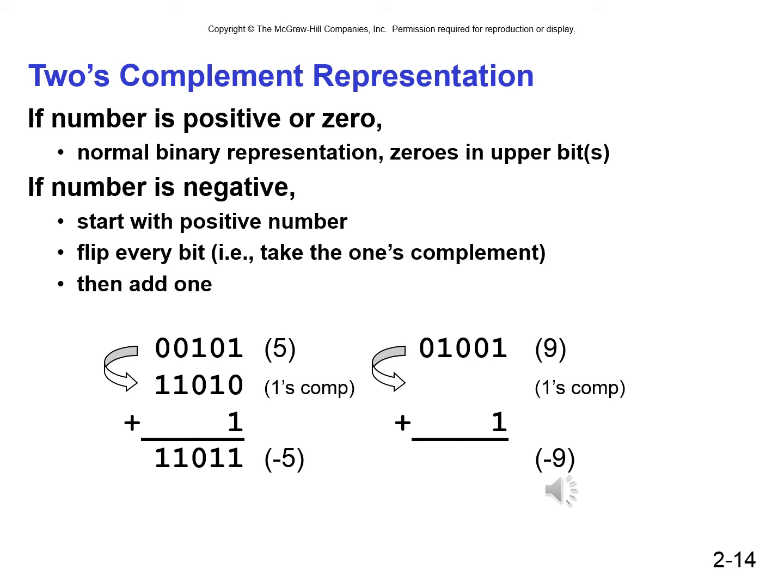You flip the bits to get the 1's complement, and then you add 1. And that's shown in the addition on the left of this slide. 5 is 00101. You flip the bits, and you add 1, and there is your negative 5.